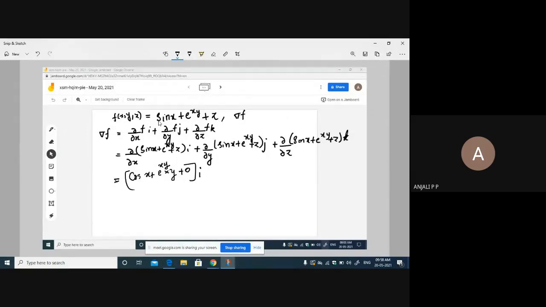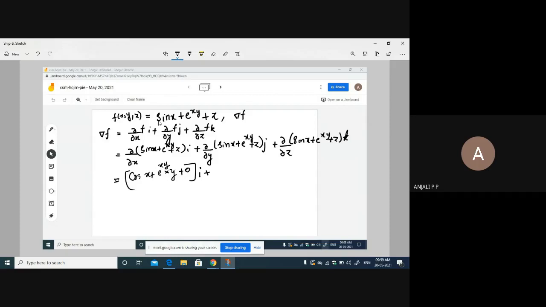i plus, next, ∂/∂y of the function. With respect to y, we are differentiating. In sin x there is no y, so sin x is a constant.